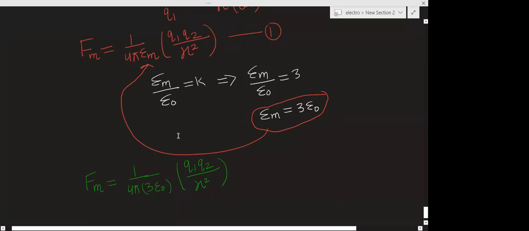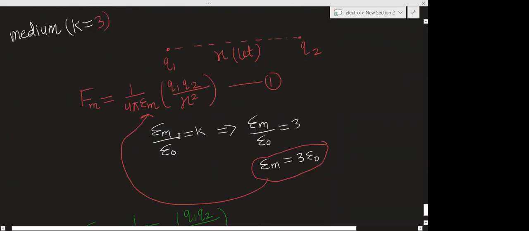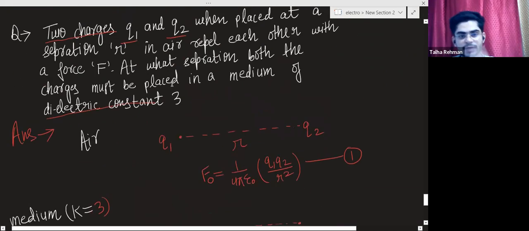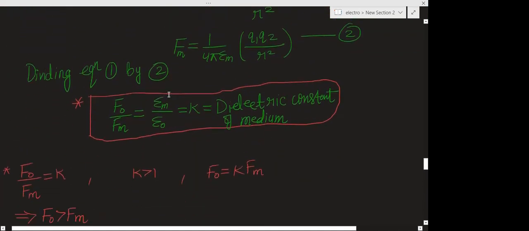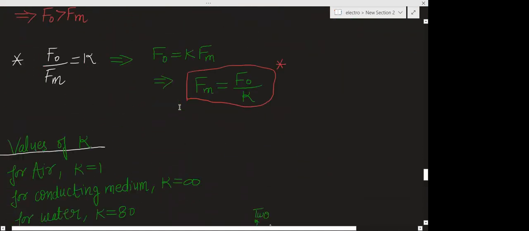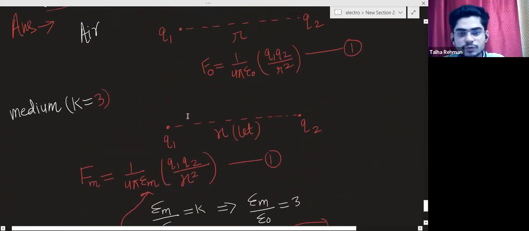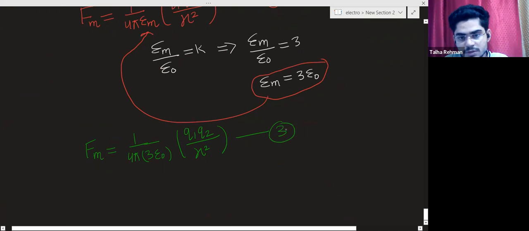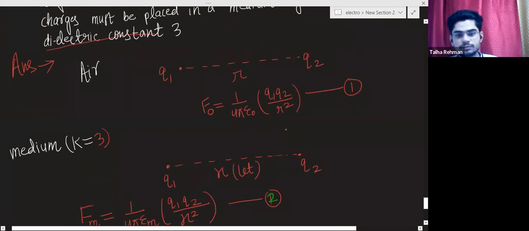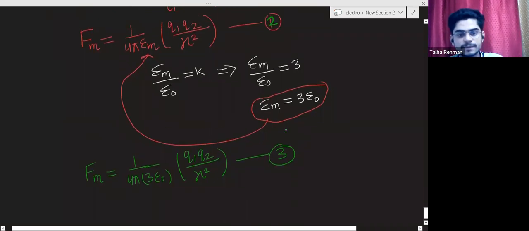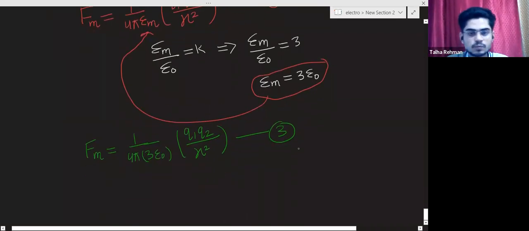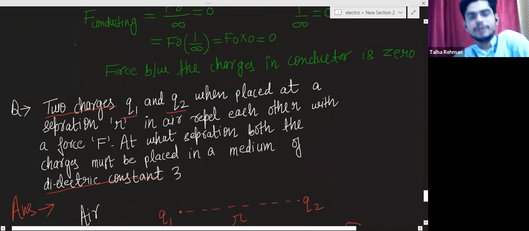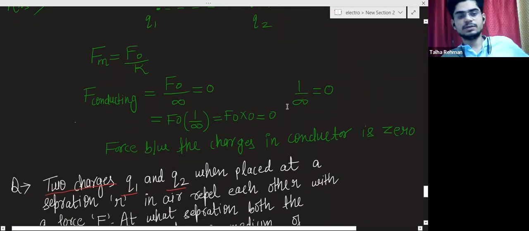We put the formula epsilon m by epsilon naught, and dielectric constant is equal to K. So this was equation number 2, and this is equation number 3. Now you can write it. There are many ways to solve a question, but I always try to solve a question with the simplest method.